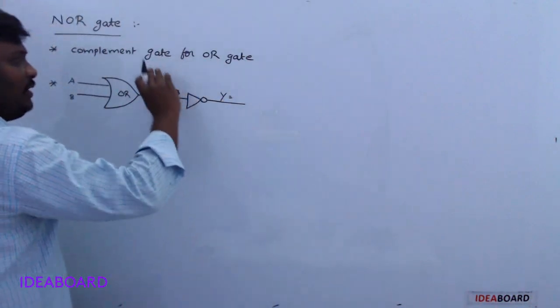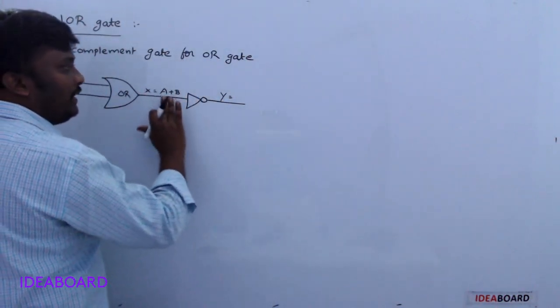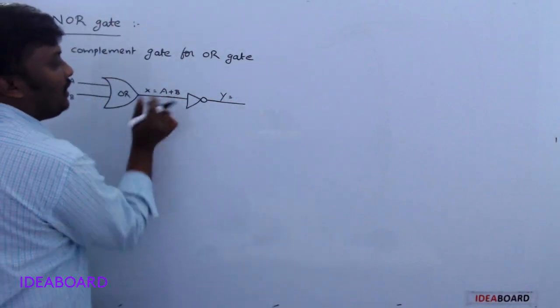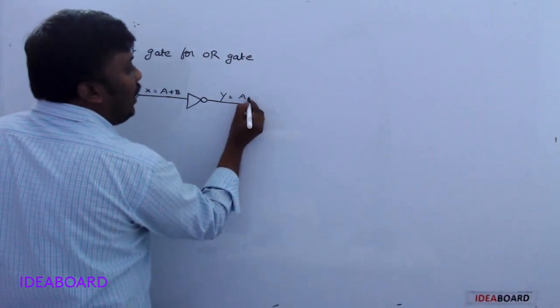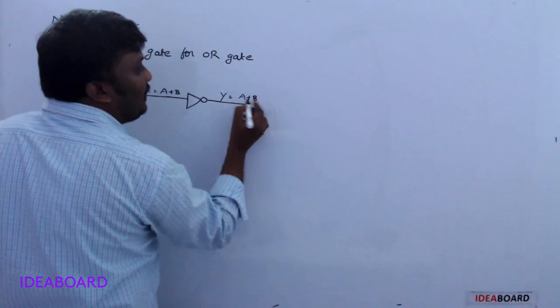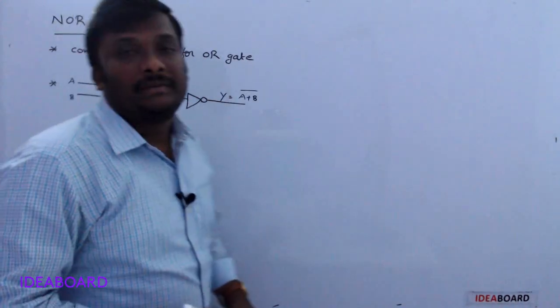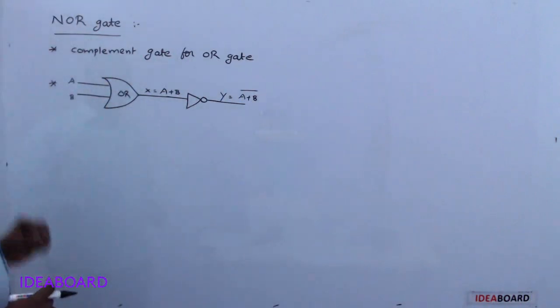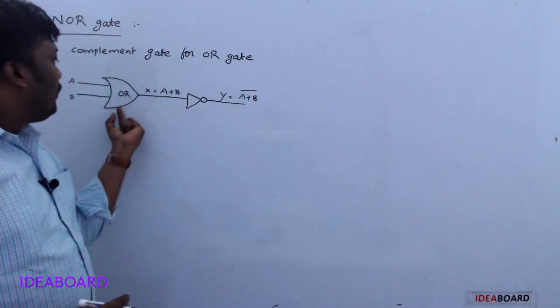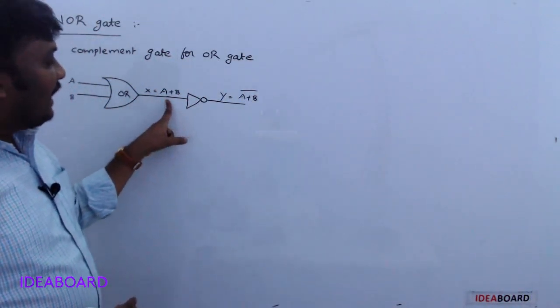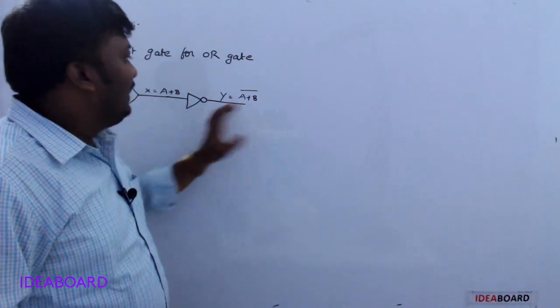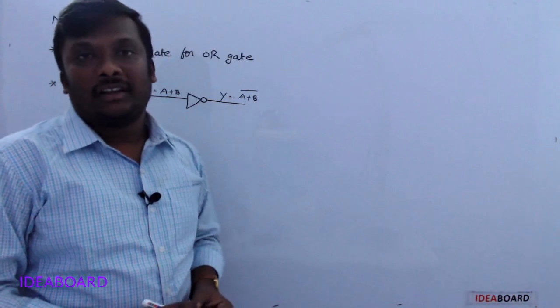So whatever you take as input, it makes the complement of that. Your input is A plus B, so the output becomes A plus B complement. Understand? So a NOR gate is obtained when the output of OR gate is connected as input of NOT gate.